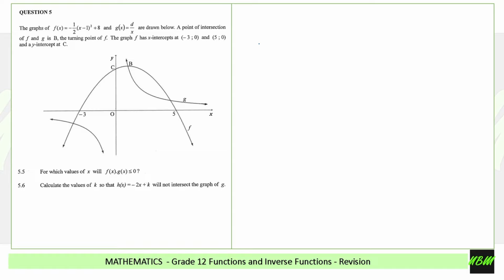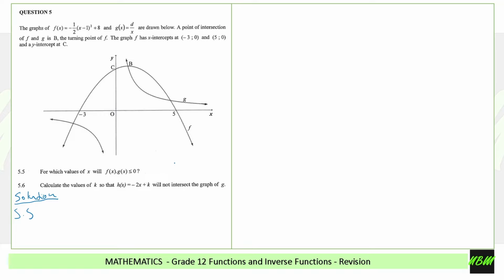Now we are on question 5.5 and 5.6. Let's have 5.5. For which values of x will f of x times g of x be less than or equal to 0?